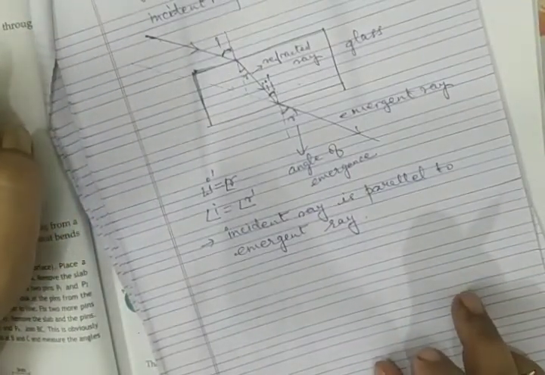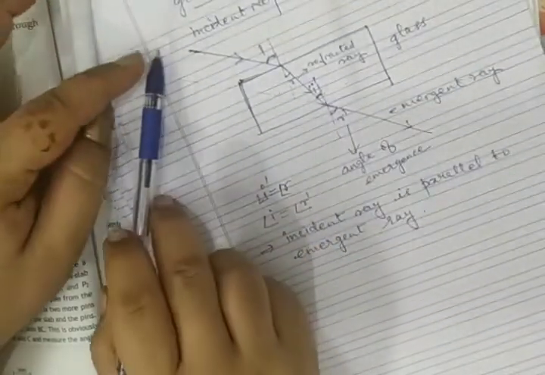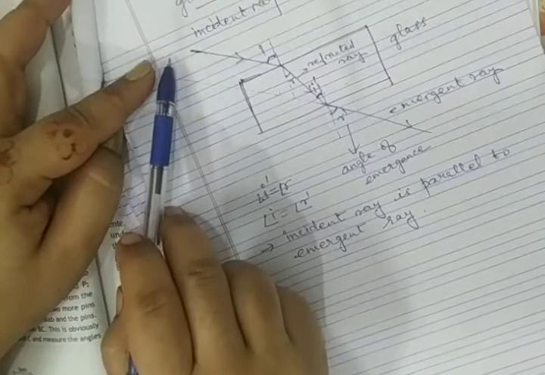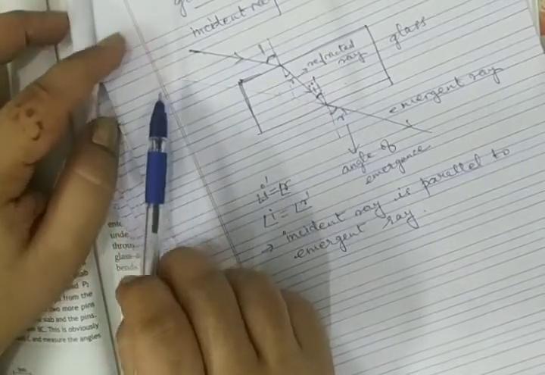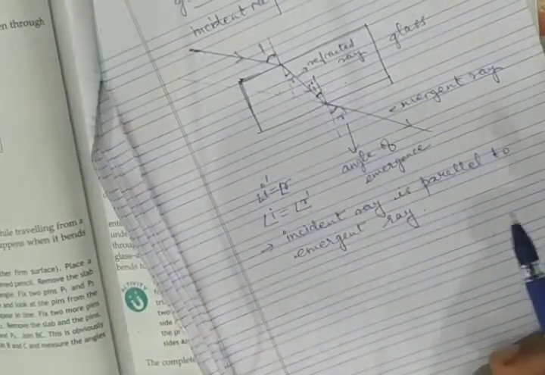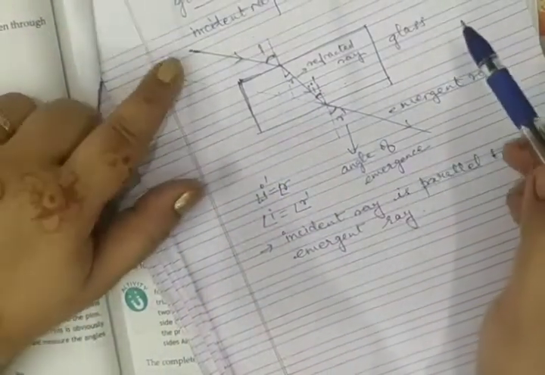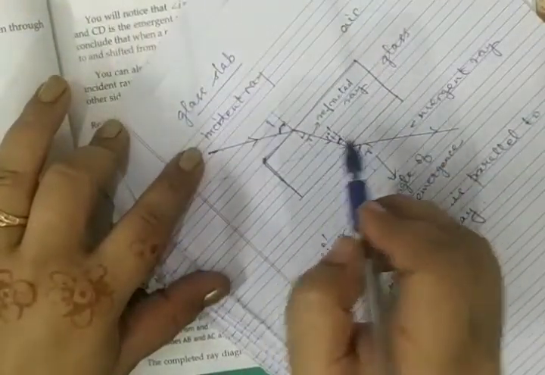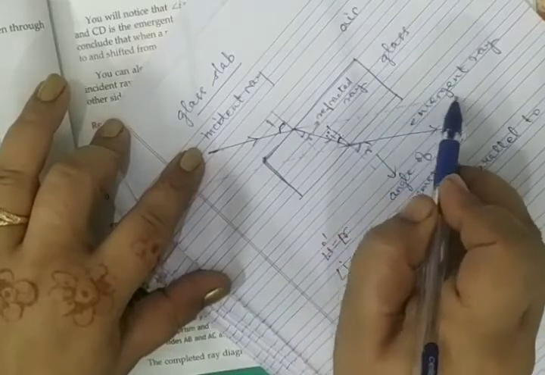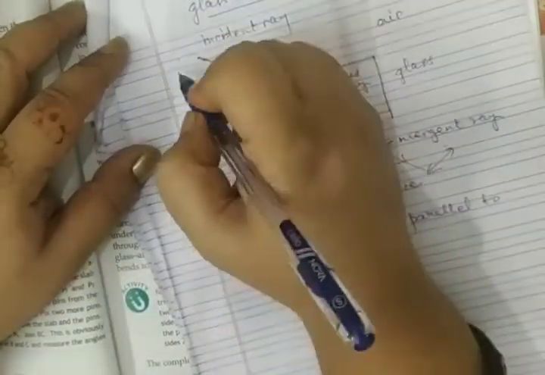And now if we are seeing from here, if you are seeing from here, you can produce this light ray over here like this. So actually what is happening, this shift is taking place here or here.